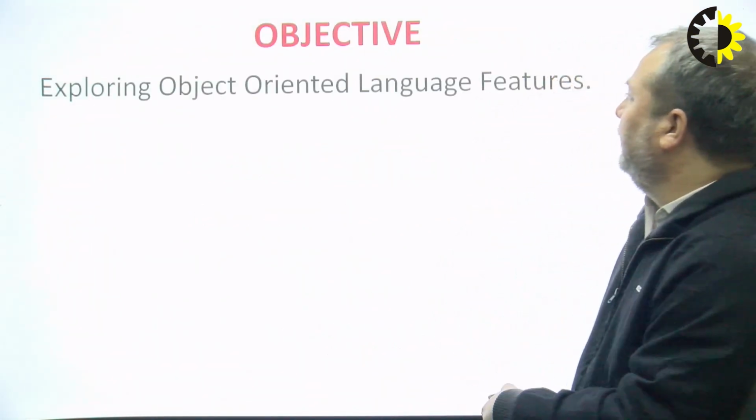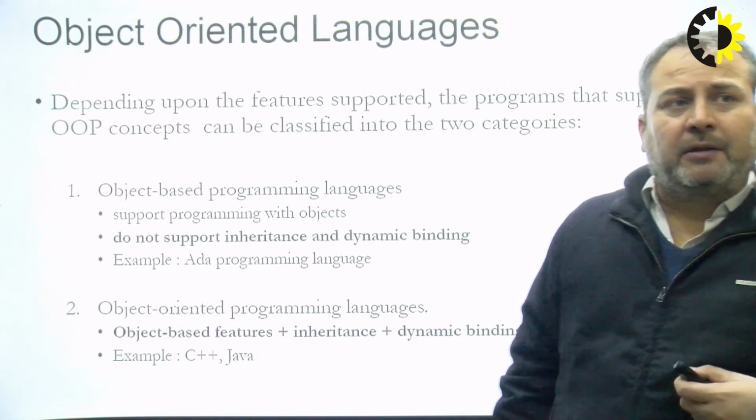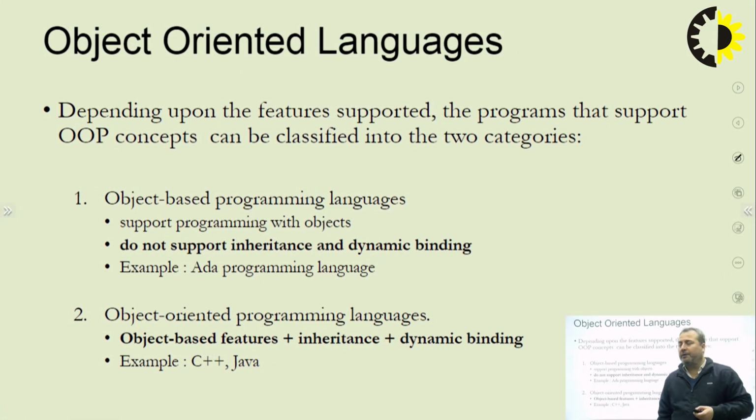Depending on the feature supported, the languages that support the object-oriented programming concept could be classified into two broad categories. The language which supports object-based is ADA, and the languages which we generally use that support object-oriented programming are C++, Java, right?